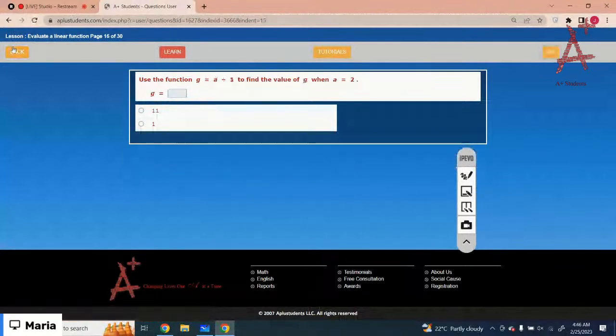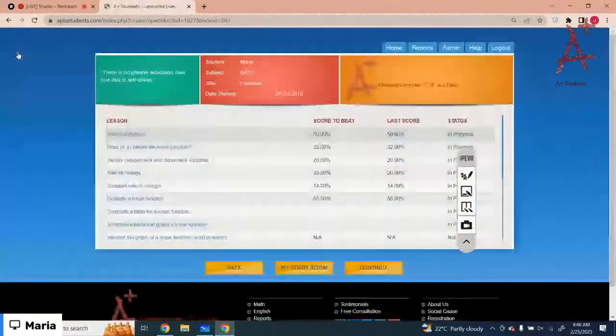The next one is complete a table for a linear function. So let's just move on to the next lesson. Complete a table for a linear function.